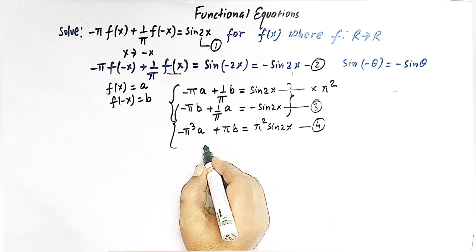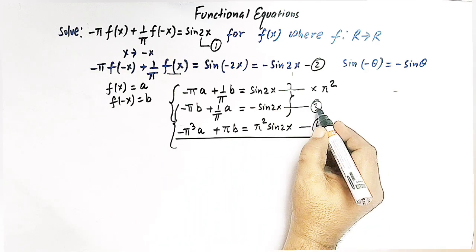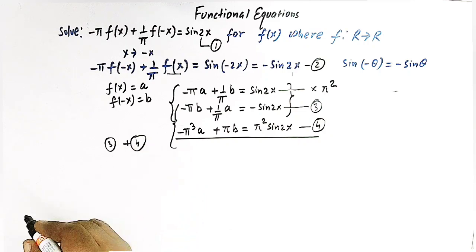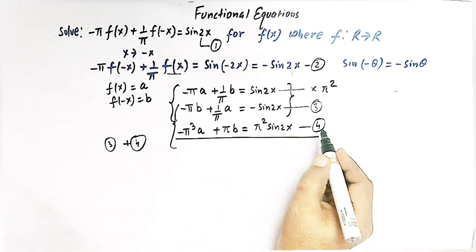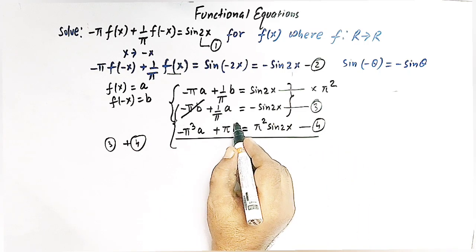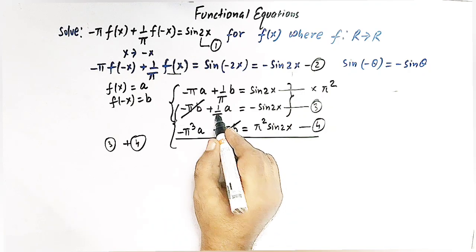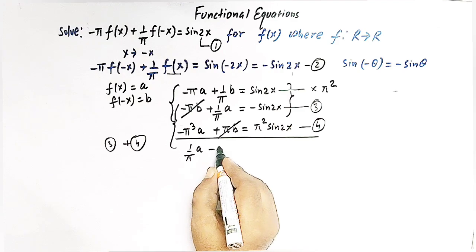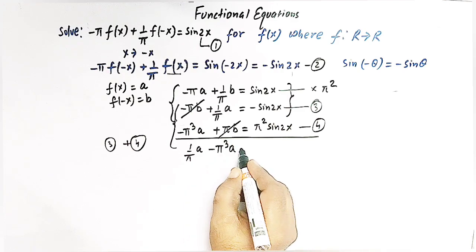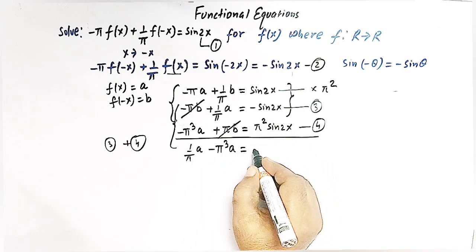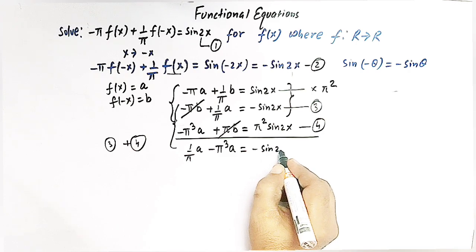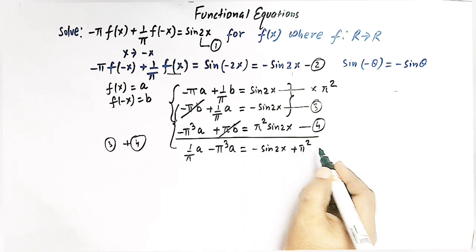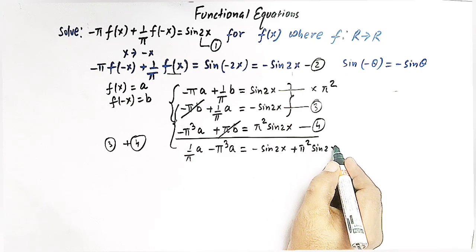Now let us add equations 3 and 4. Adding them, we can conclude that the b terms cancel, and we have 1 over pi a minus pi cube a equals minus sine 2x plus pi square sine 2x.